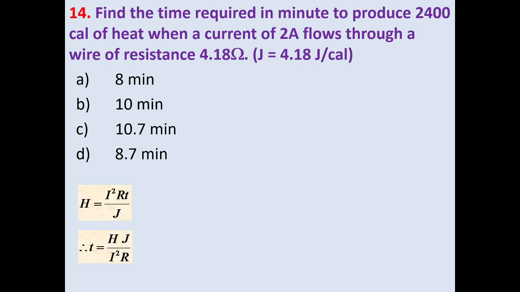Joule's constant is 4.18. Current I is 2 ampere and resistance is 4.18 ohm. So substituting all the values, you will get time T as 600 seconds. We have to convert in minutes. So just divide it by 60, you will get 10 minutes. So option B is correct here.